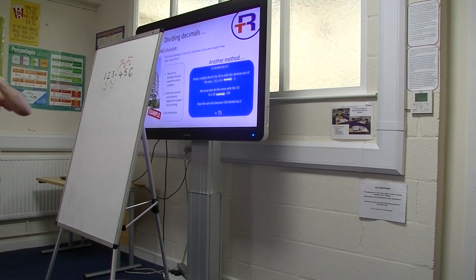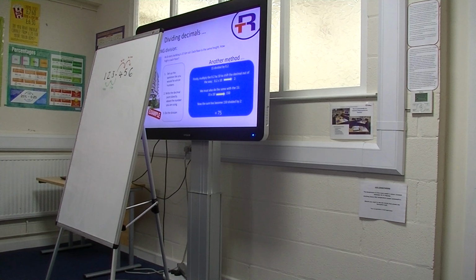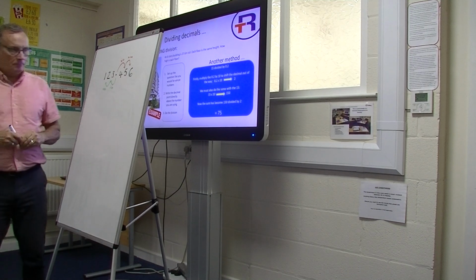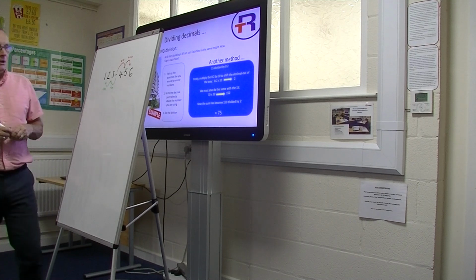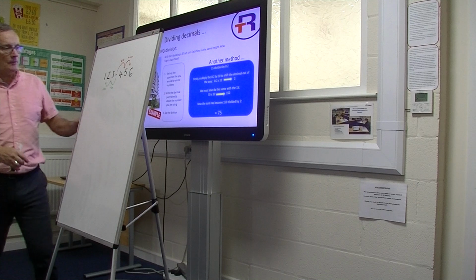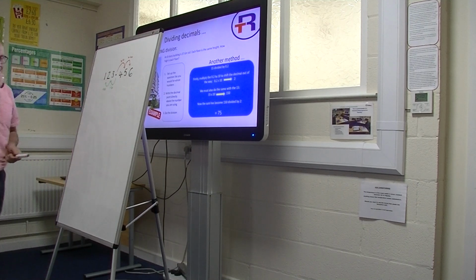That's dividing a whole number by a decimal, or dividing a decimal by a whole number, or dividing a decimal by a decimal. Okay? So we need to learn the different ways to do this.